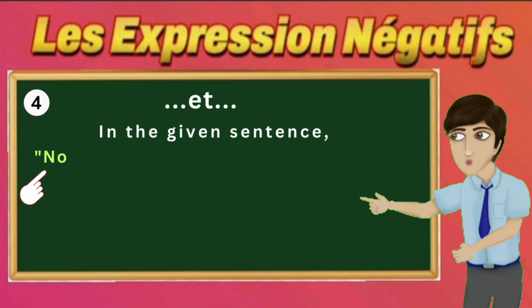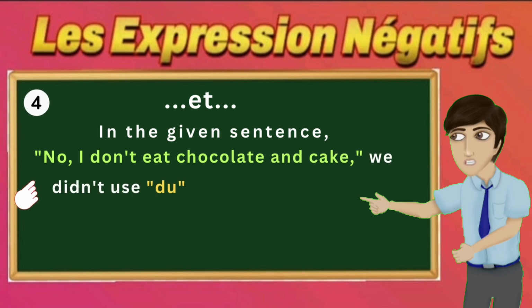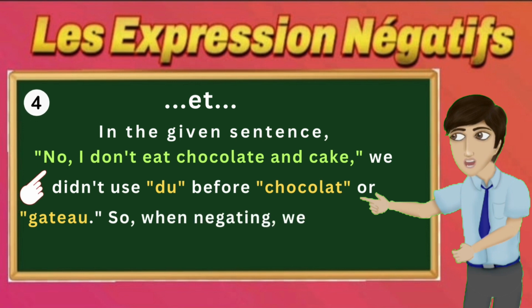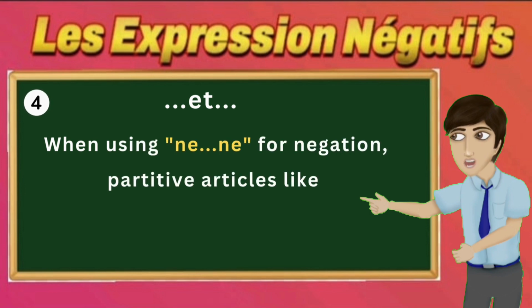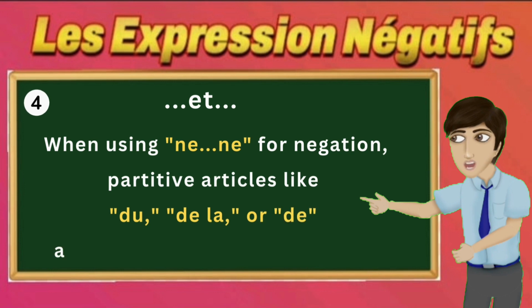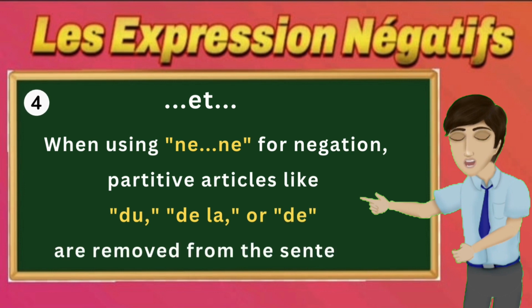In the given sentence, we didn't use du before chocolat or gâteau. So when negating, we don't need to use du. When using ne for negation, partitive articles like du, de la, or des are removed from the sentence.